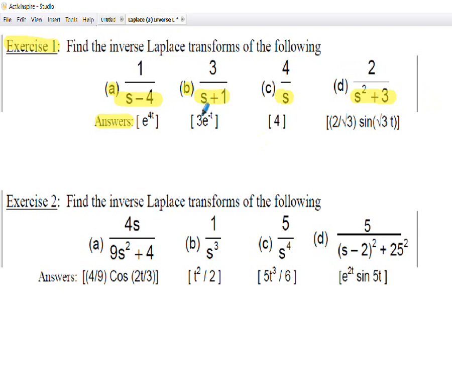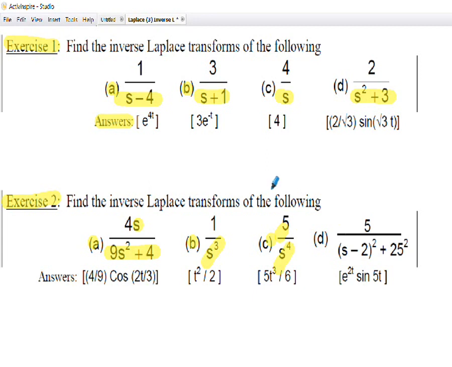Same with exercise 2, try and look at the denominators, see if they give you an indication. I would suggest you're looking for part A at something that has an s squared plus a squared, but with an s on the top. Not a constant on the top, but an s on the top. In part B, you've got something that has an s to the n type function, I would suggest, and the same with part C, looking for an s to the n type something with constants on the top here.